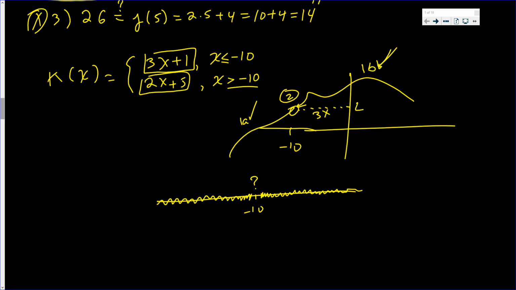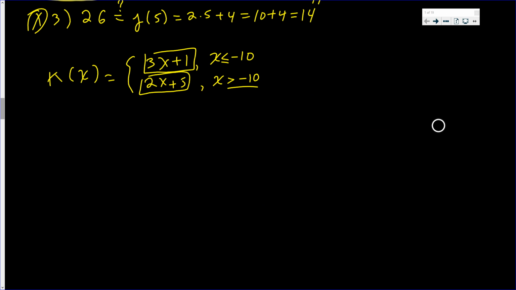That means that the left graph, which I drew like this, it actually filled this in. Okay, so the only place where this graph may not be continuous is at negative 10. So we need to verify what we need to verify.